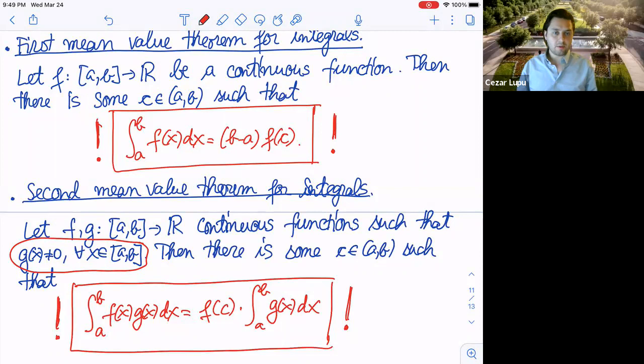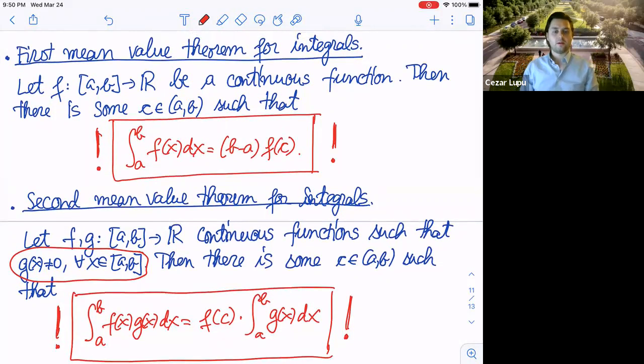Usually the second mean value theorem in any classical textbook in introductory analysis is proven by using the intermediate value property of the functions f and g. But there is also a proof which is of more differential flavor involving Rolle's theorem. But like I said, I'm not going to go into details since this is not the purpose of our lecture today. Okay, so these are the two theorems that I wanted to talk about.